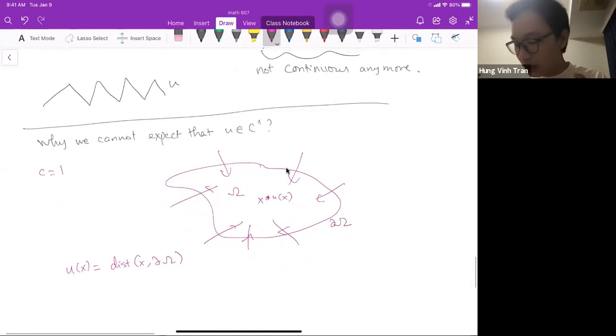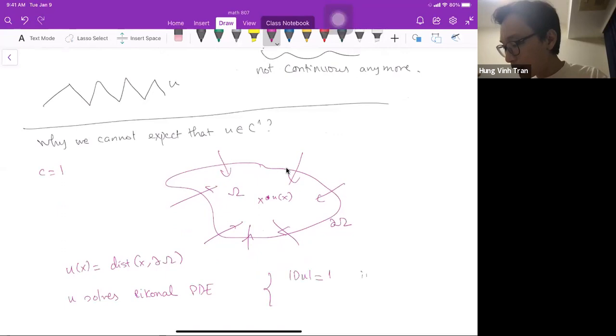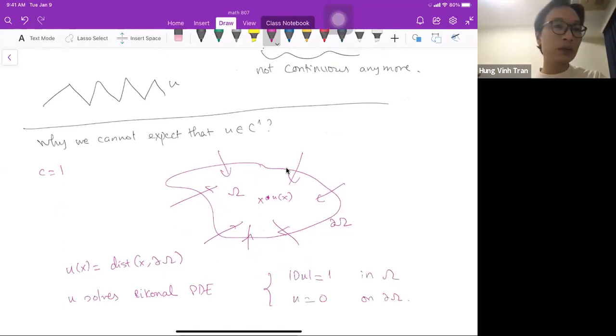Later on, you're going to see that you solve the so-called Eikonal equation, a PDE, where |Du| equals 1 inside omega and u equals 0 on the boundary. This is an extremely important PDE to discuss. So it's just a distance function, right? It takes how long it takes from the boundary to reach the point inside.